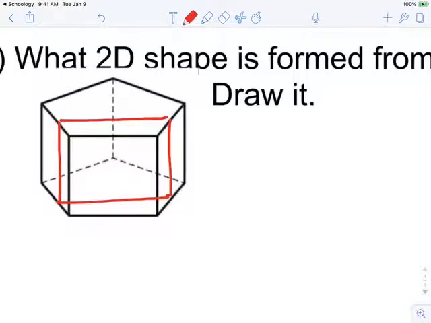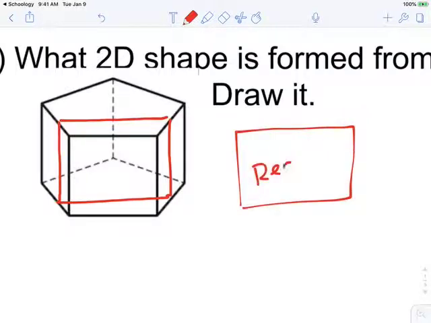You could make it a square depending on the dimensions. But look at it. Do they look like the same height and width? No. Let's take a vote. Does it look like the same height and width? No. What do you think? Same height and width or different? I think so too. So I'm going to say this red shape that told me to draw it looks like a rectangle.